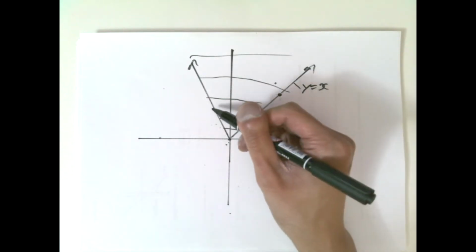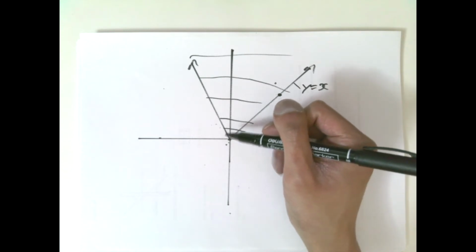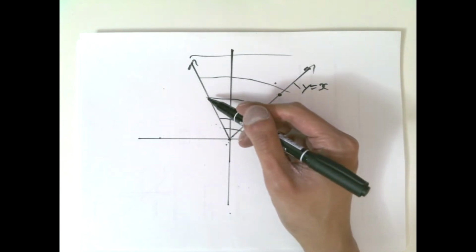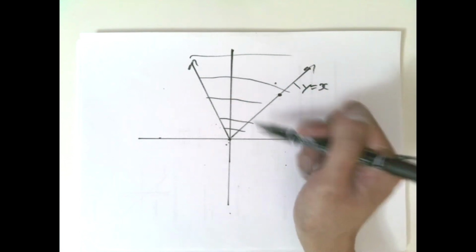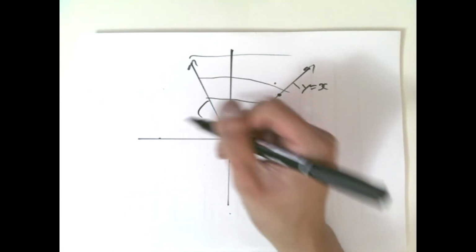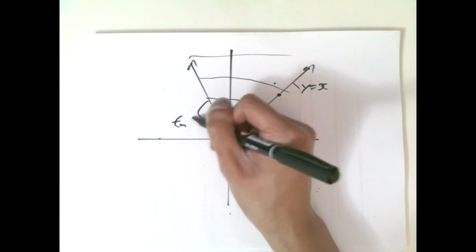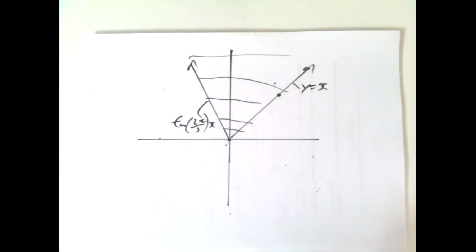And because this line also passes the origin, and this ray has an inclination of 2 pi on 3 from the real axis, this guy must be 2 pi on 3 times x.